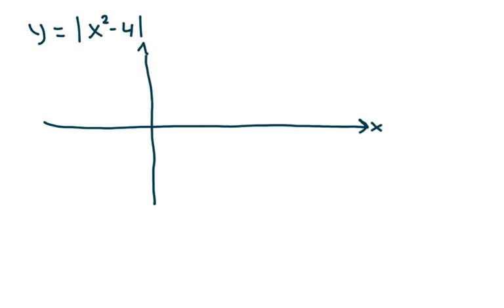Here's x, here's y. This time at 0, we're at 4. When you go to 1, you're at 3. When you go to 2, you're still at 0. So it's coming down like this, right? And then at 3, you go back up to 5.